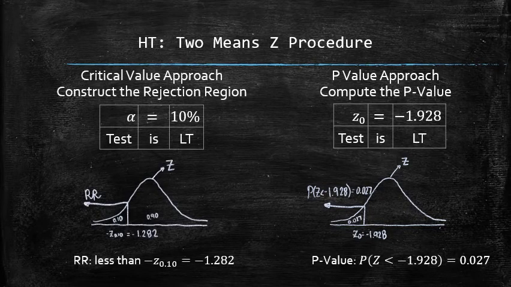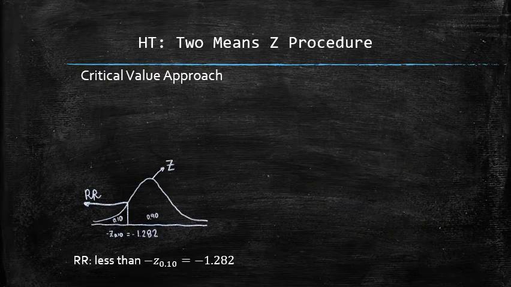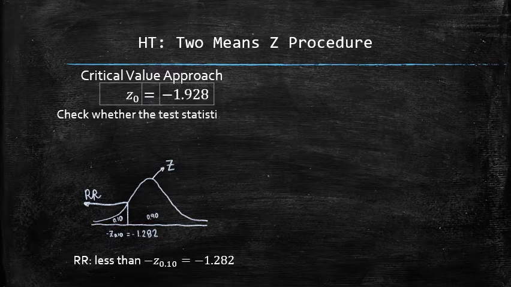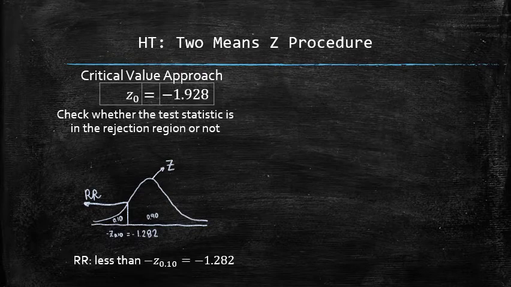Next, we are going to decide whether to reject or not reject the null hypothesis. In the critical value approach, we must check whether the test statistic is in the rejection region or not. Our test statistic is -1.928, and it is to the left of the critical value, -1.282.